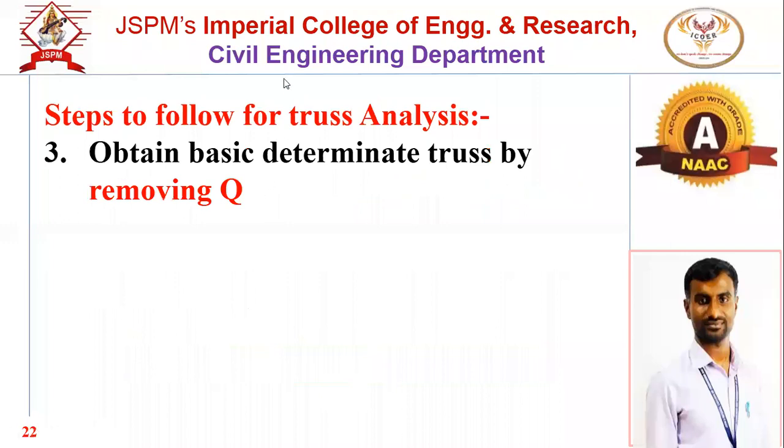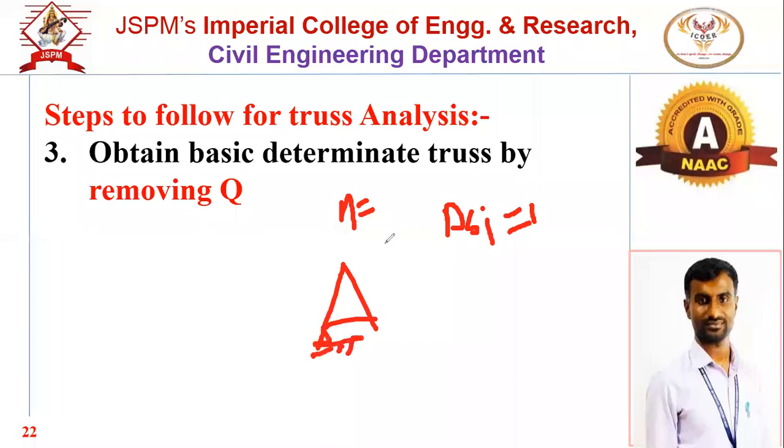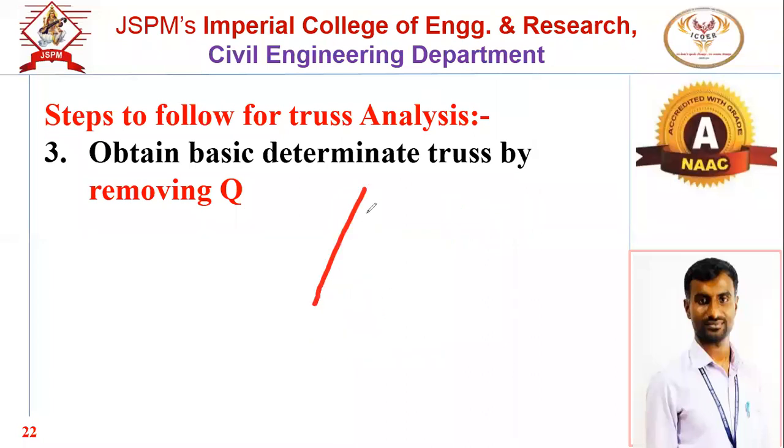So what we have selected, the number of reactions or number of members, that reactions or members we have to remove from the truss. म्हणजे कसं बघा, suppose DSI जर एक असेल, we will consider if the DSI external is 1, DSI internal जर 0 असेल, and for this particular truss there are two hinge supports like this.